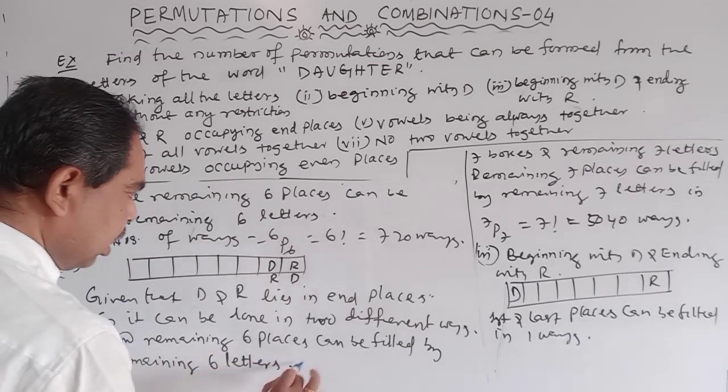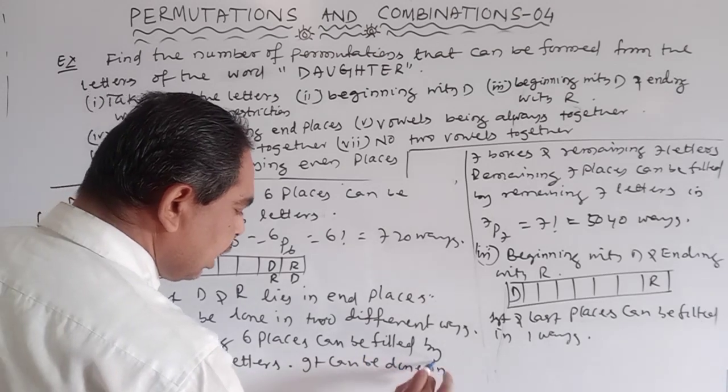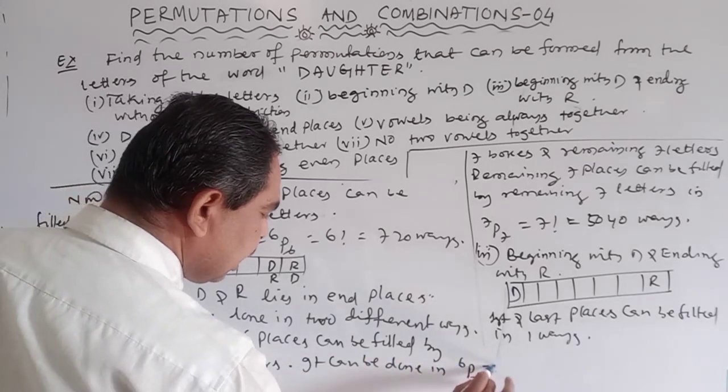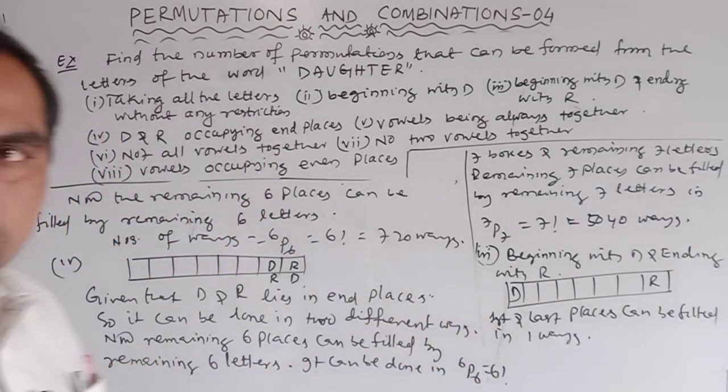It can be done in 6P6, that is 6 factorial ways.